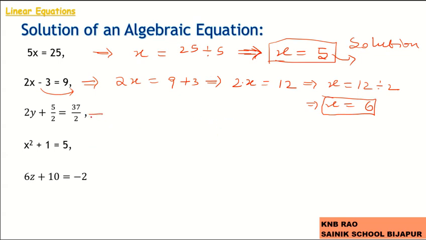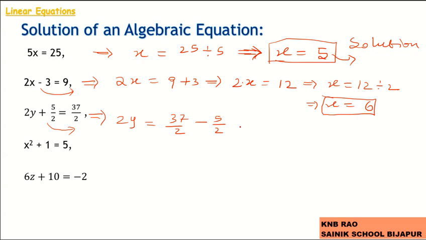Similarly, we can solve this also. 2y equals 37 by 2. Here the addend 5 by 2, if it is transposed that side, becomes a subtrahend.